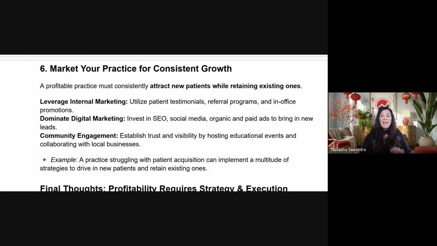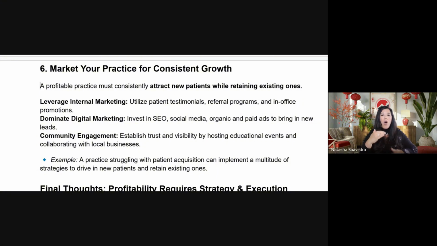Okay. The last point here, number 6, is market your practice for consistent growth. A profitable practice must consistently attract new patients while retaining existing ones. I just talked about that. Patient retention is everything.